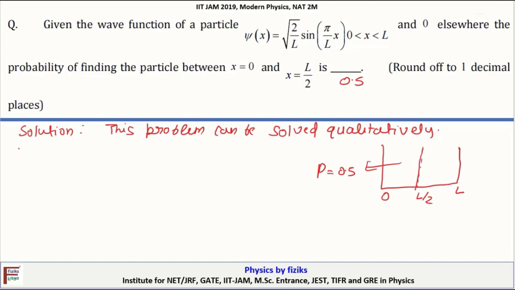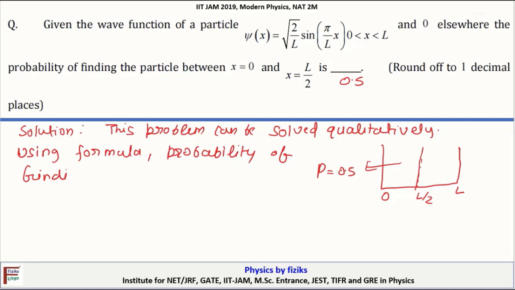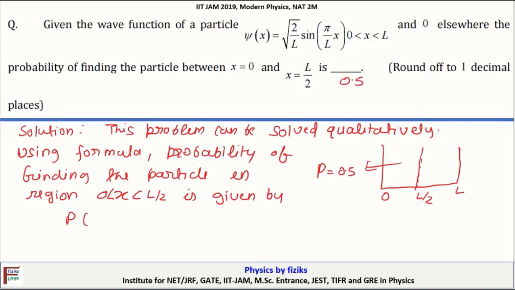We can also use the formula. Using the formula, probability of finding the particle in the region x from 0 to L by 2 is given by P is equal to 2 by L integral from 0 to L by 2 of sin squared pi x by L dx.